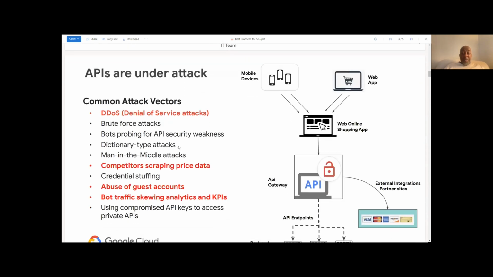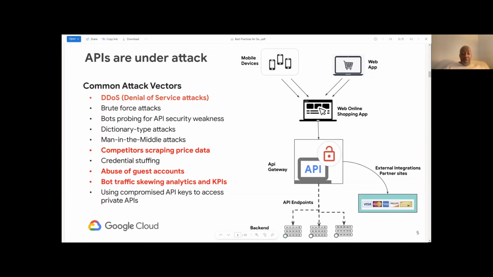So here are some of the common threats that I think many of you have seen. Denial of service attacks, as I mentioned, competitors scraping prices or other data off of your systems, abuse of guest accounts and other types of free accounts, bot attacks that skew analytics as well as degrade your performance.